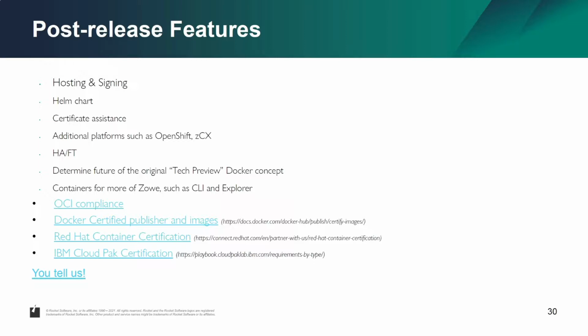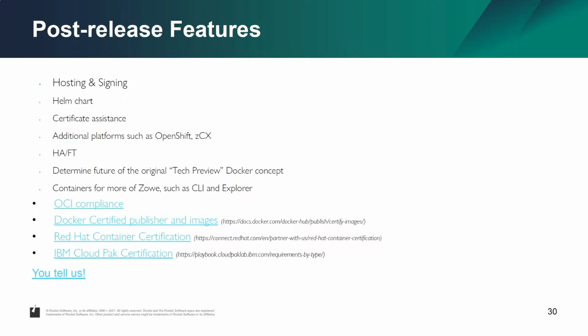High availability. One of the strengths of Kubernetes is something new to Zowe, and so we just have to make sure that we document and explain how you pull it off in a Kubernetes environment also. And then we have to figure out, going back to the tech preview Docker where all the servers are running in one container, what happens to that?